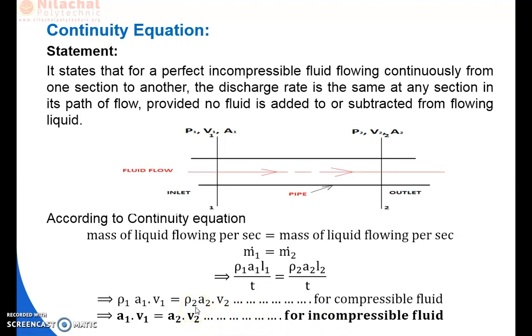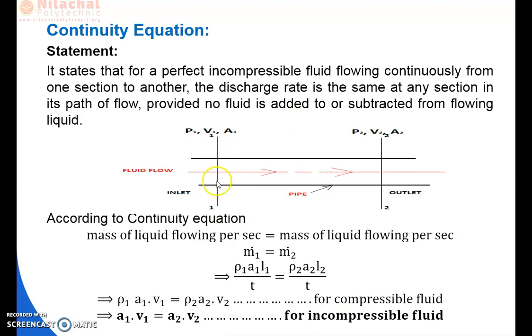So it is neglected, and the final continuity equation reduces to A1 V1 is equal to A2 V2. Here it is concluded that the discharge at inlet is Q1 and the discharge at outlet is Q2. Now Q1 is equal to Q2, that is A1 V1 is equal to A2 V2.